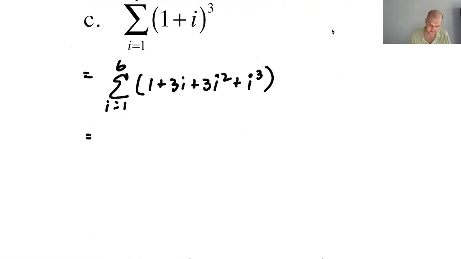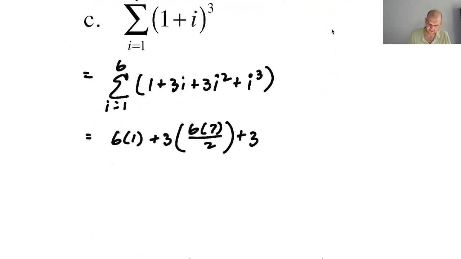So first it's the sum of 1 from 1 to 6. So that's 6 times 1. And I'll highlight at the end. And then it's plus 3, the sum of i from 1 to 6. So that's going to be 6, 7 over 2, plus 3, the sum of i squared from 1 to 6. So that looks almost identical.